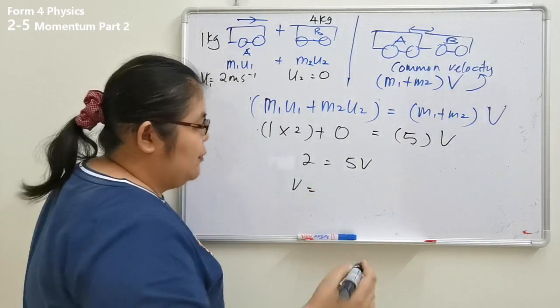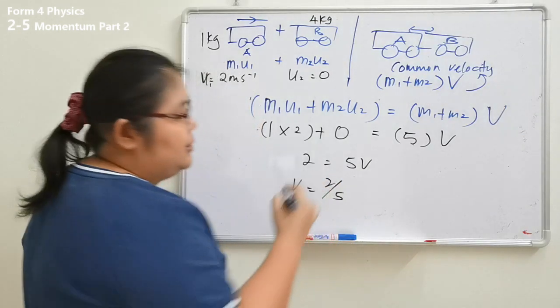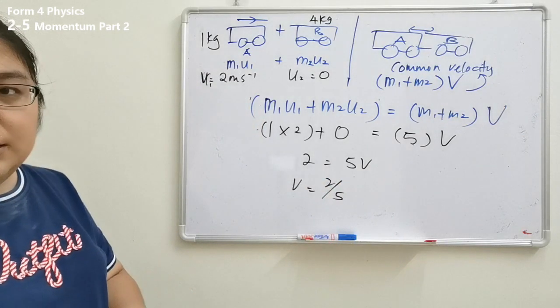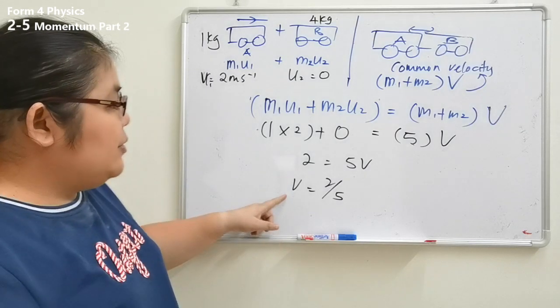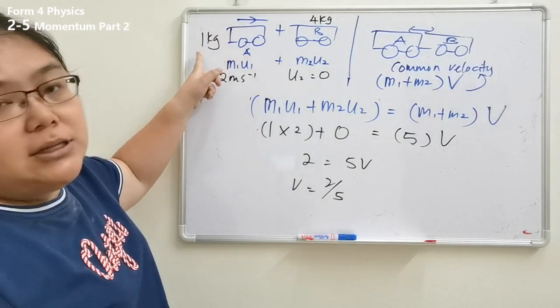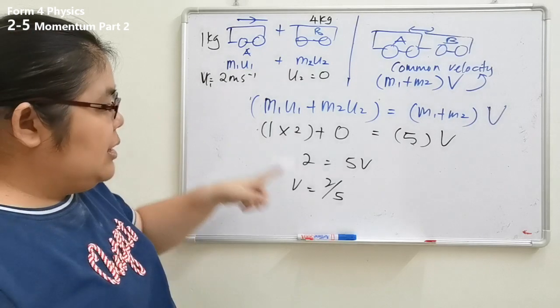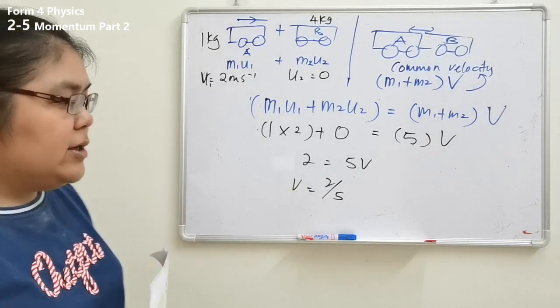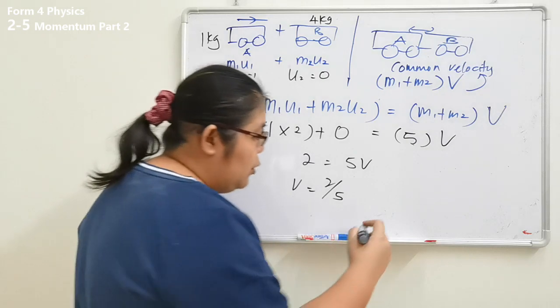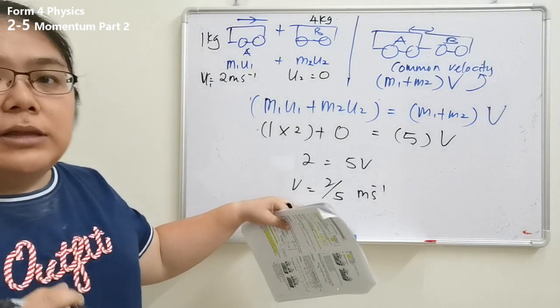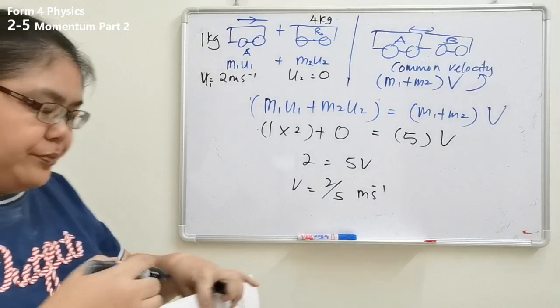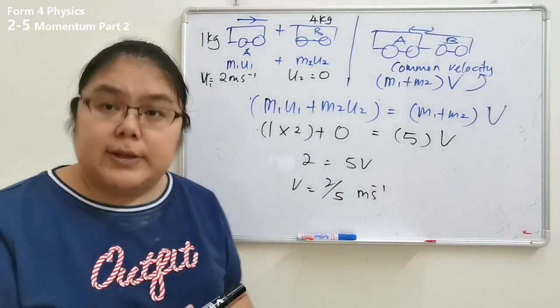V sure becomes slow, because 2 over 5. Can you see? Kinetic energy becomes slowed down. So I say kinetic energy not conserved. This one is original, 2 ms negative 1. Then finally, both stick together, the velocity becomes slow, 2 over 5 ms negative 1. You need to find it in decimal point, cannot write in fraction. So this is an example question.